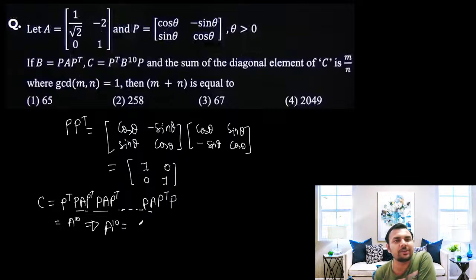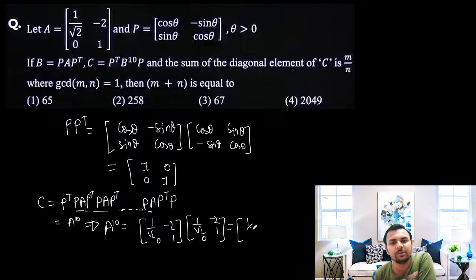So that will start with first A square. So we'll go with 1 by root 2, 0, minus 2, 1, and 1 by root 2, 0, minus 2, 1. This is 1 by root 2, 1 by root 2. So it's a 1 by 2 and minus 2, 0, 0, minus root 2, 1 by root 2 into minus 2, minus root 2, minus root 2, minus 2.